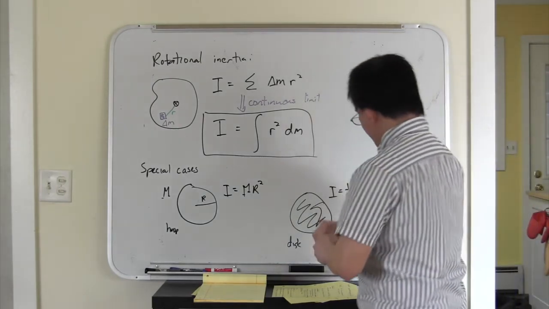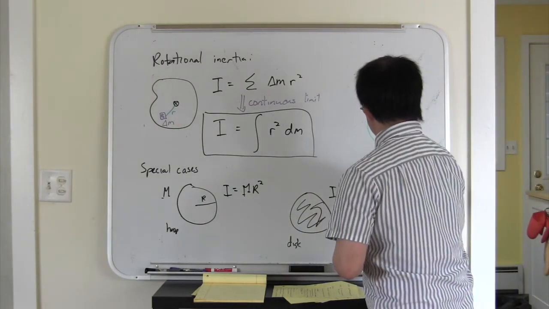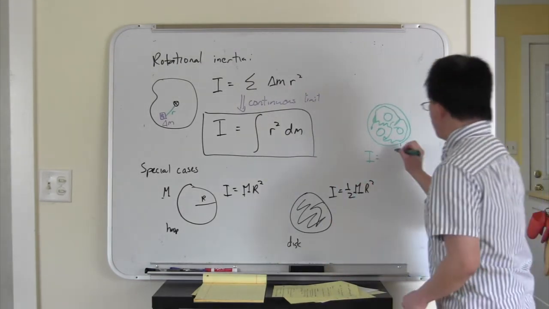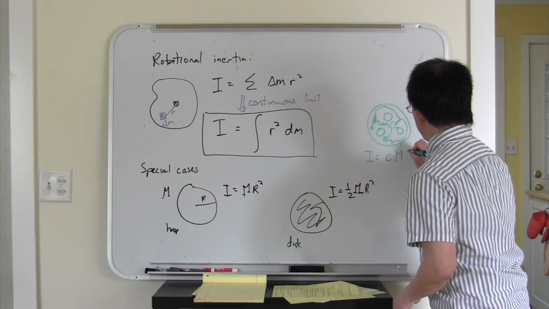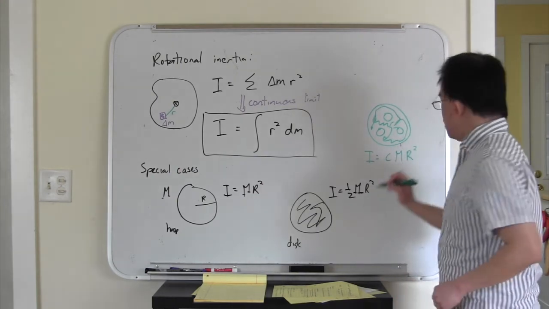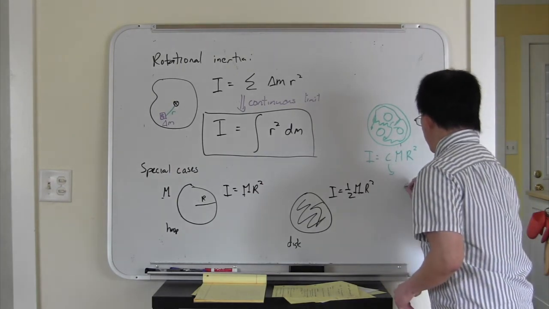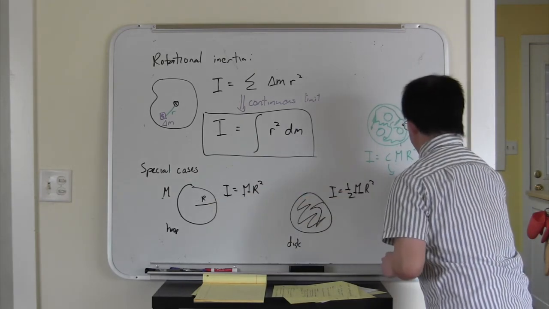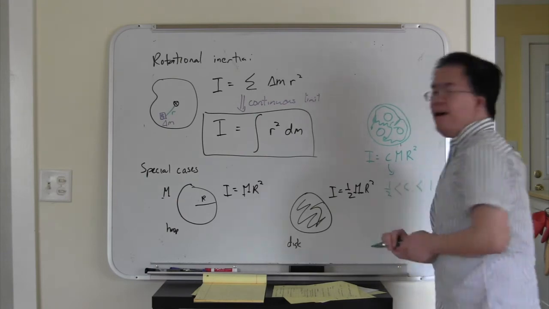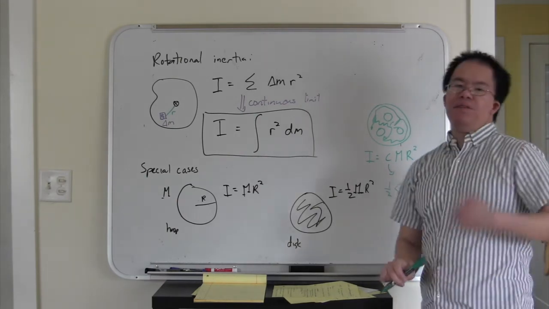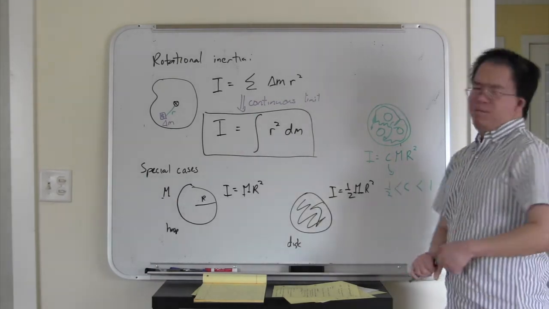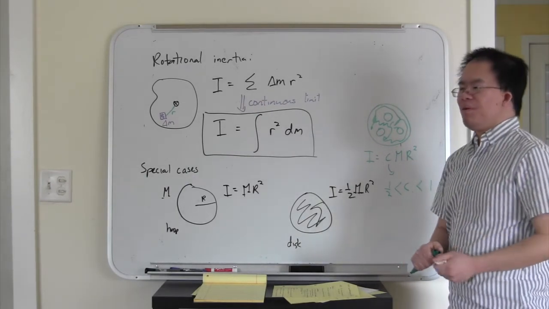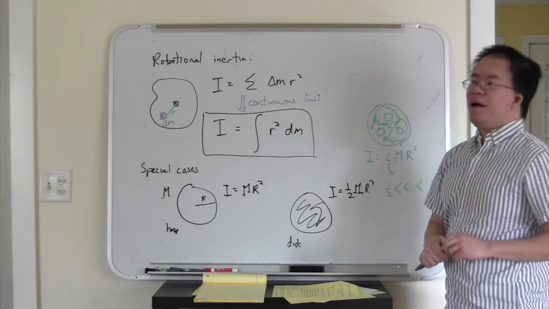So here I would expect I to be some constant times the total mass of the pulley times r squared, with my constant varying somewhere between these two limiting cases. So I would expect it to be somewhere between 1 and 1/2.